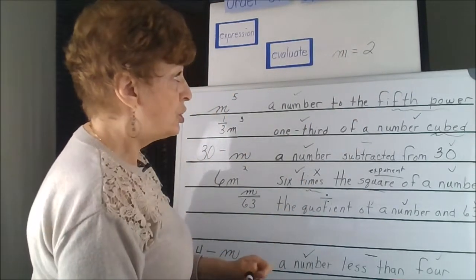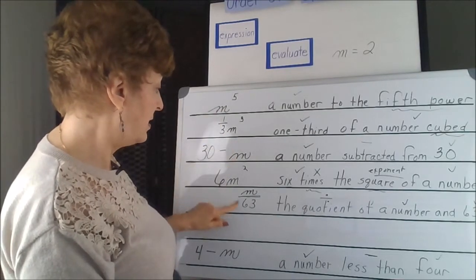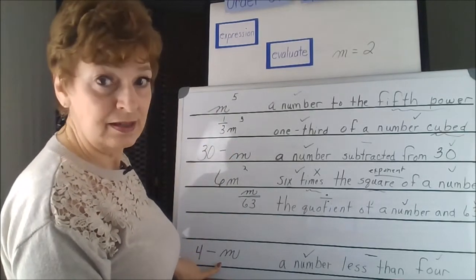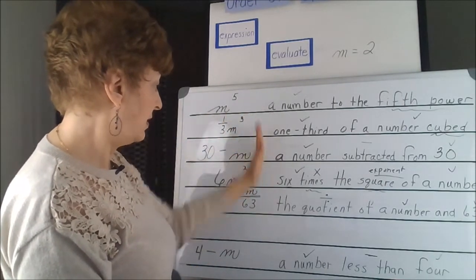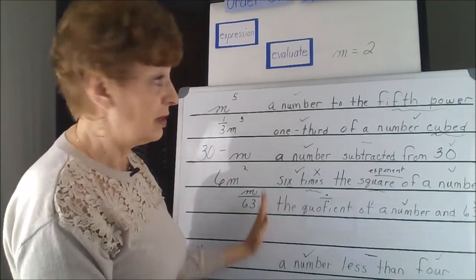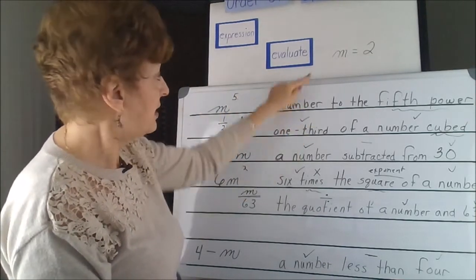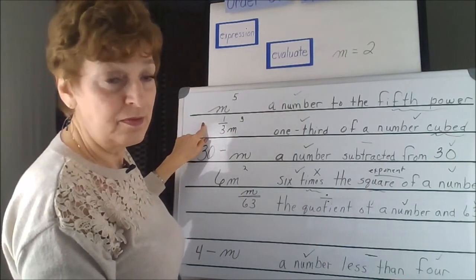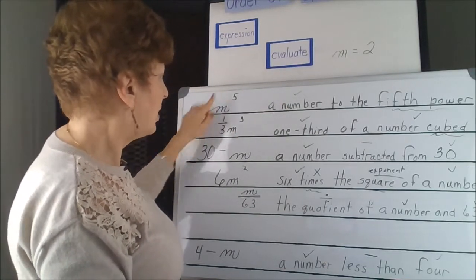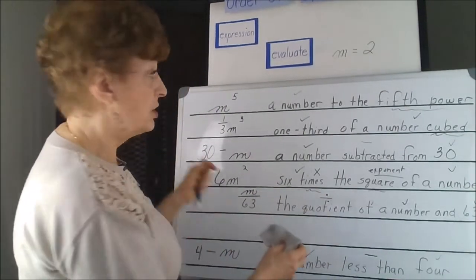If we substituted 2 everywhere that we saw an m in these phrases, we actually could get a value for this equation. We could make the expression into an equation, because if we substituted the 2 in there, we could actually figure out a value. So we could evaluate this by doing a substitution step.